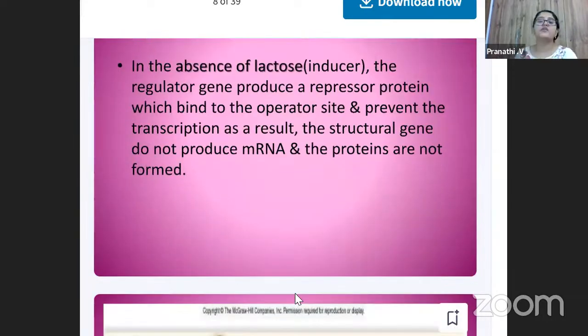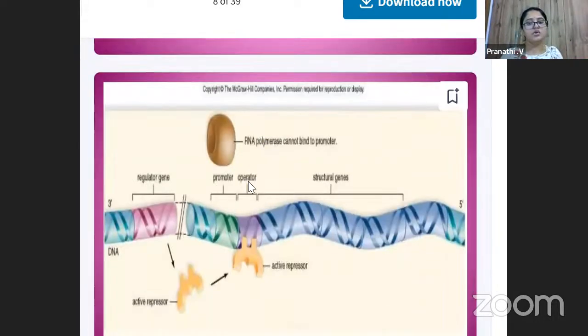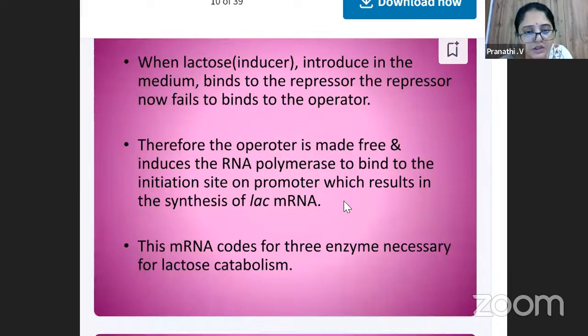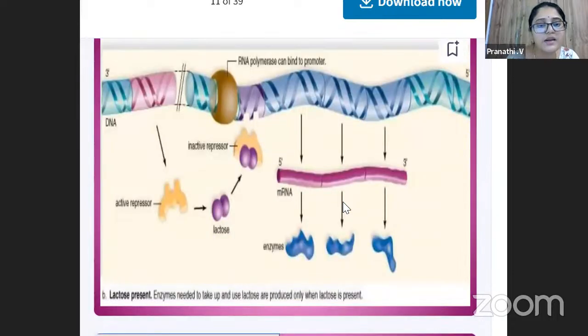In the absence of lactose, the regulator gene produces the repressor protein, which goes and binds to the operator, so no protein synthesis takes place. If there is lactose in the medium, lactose binds to the repressor protein.